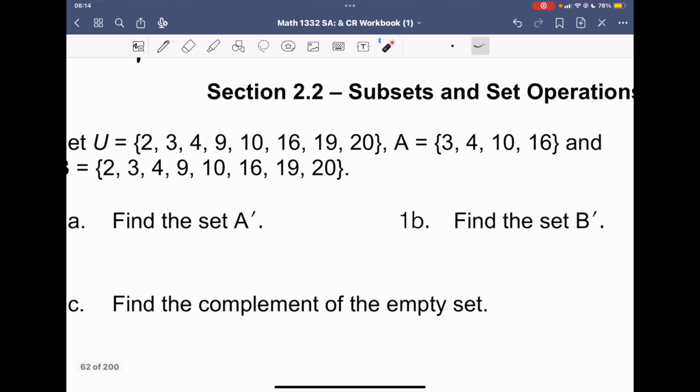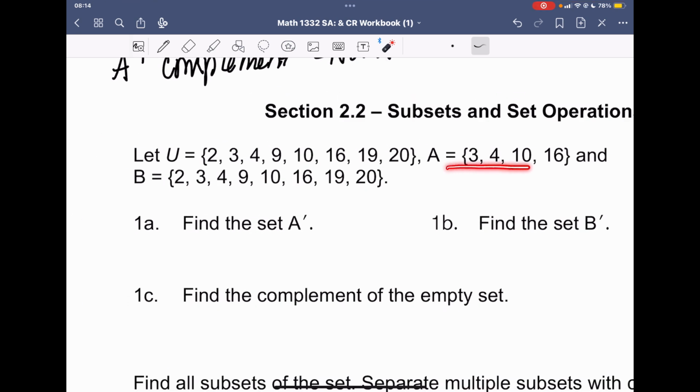And then I have A that is going to be 3, 4, 10, and 16. So it's part of U. And then you have B, which has 2, 3, 4, 9, 10, 16, 19, and 20, which is part of U as well.